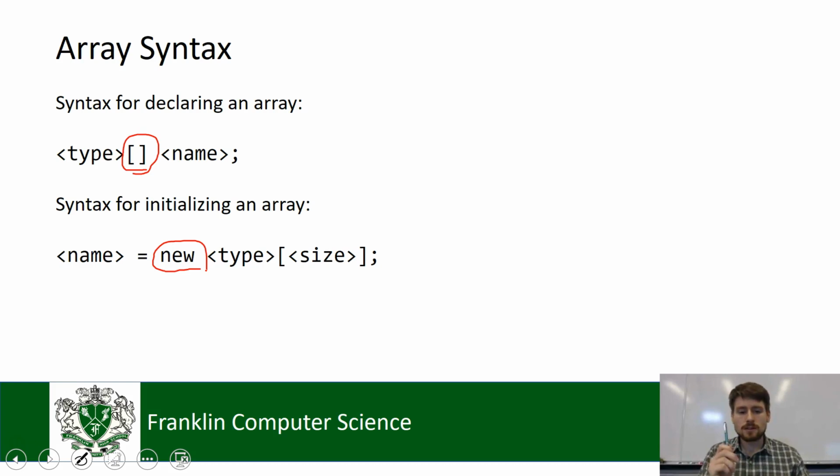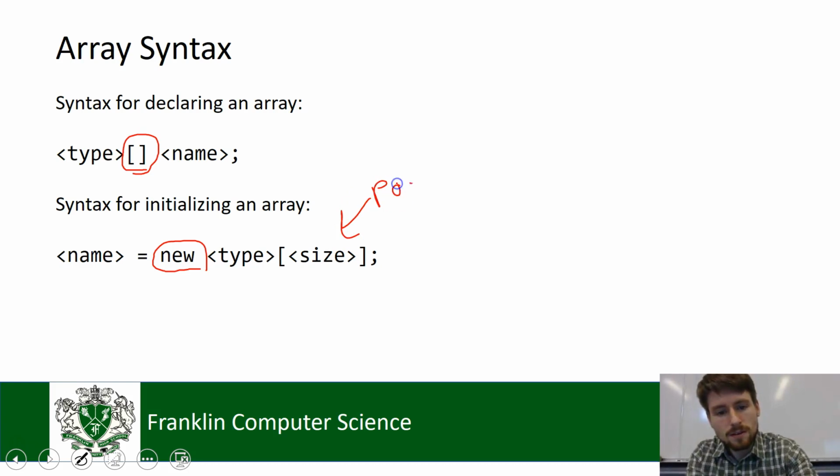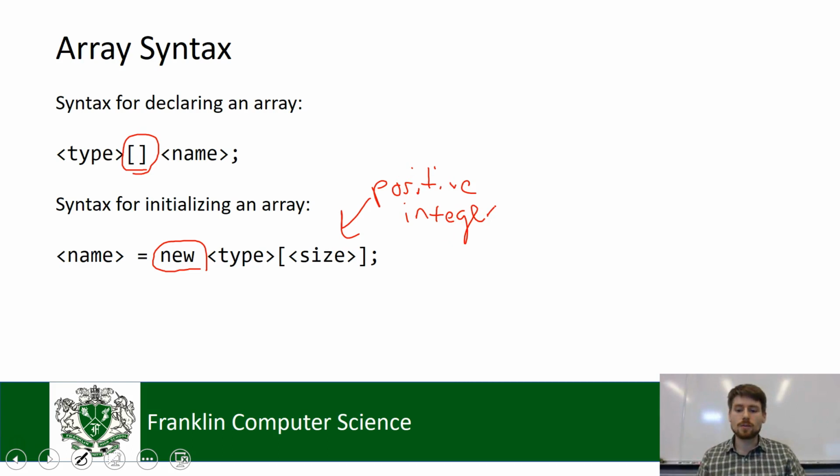So: new, type, bracket, size, bracket. So that's how you initialize an array. And this size has to be a positive number, and that's going to be how many items are in your array. Once you've built it, you can't change that number.